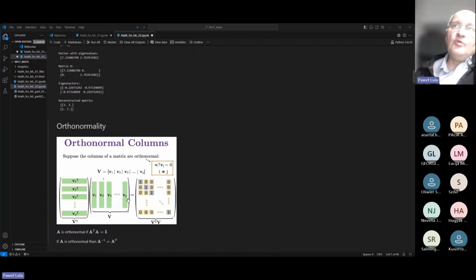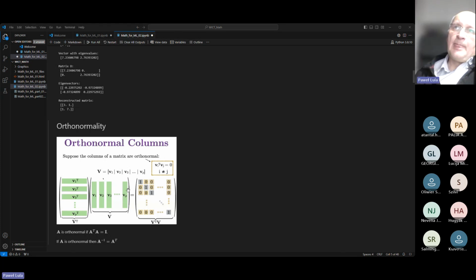So if we have a matrix in which columns are orthonormal, it means that after calculating this product which we have here, the result will have this form. Values equal to 0 in this matrix except of main diagonal. And on the main diagonal, we have values equal to 1.